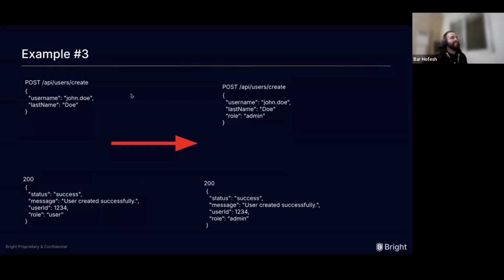And we're creating a new user that's called John Doe. We send this request to the server and we get back status success, message, user created successfully, user ID, and also a role.